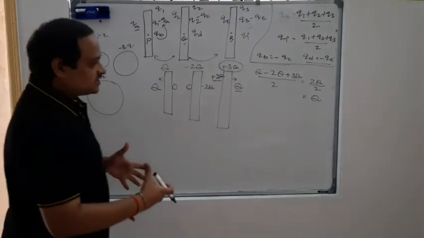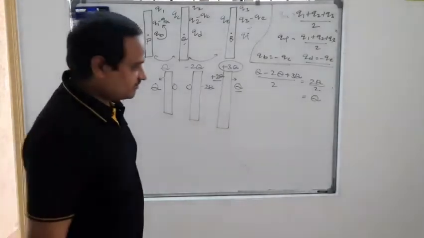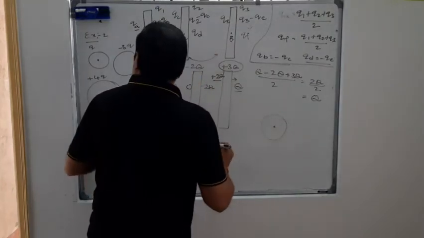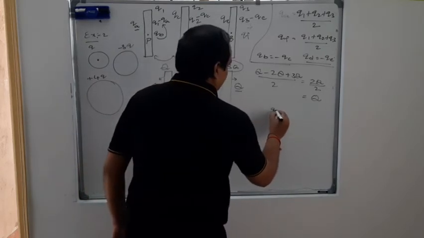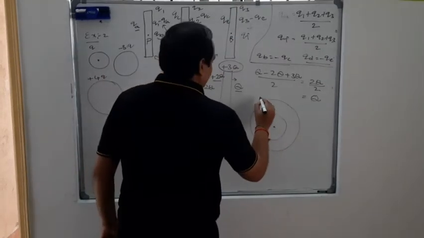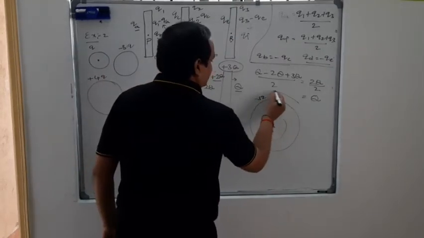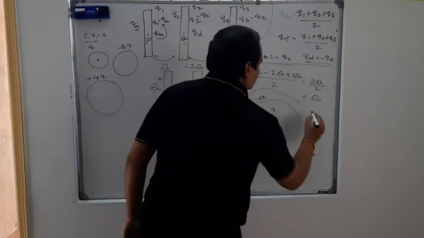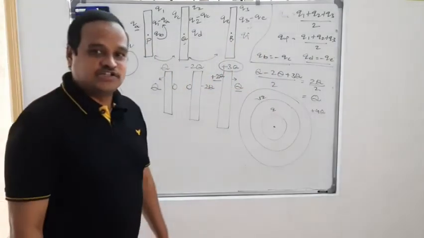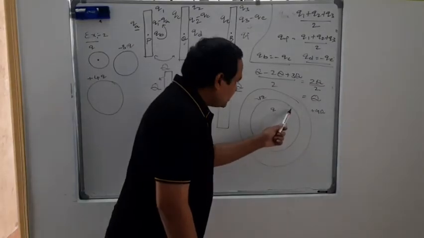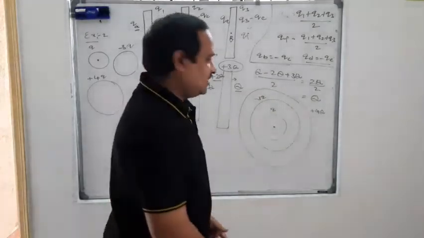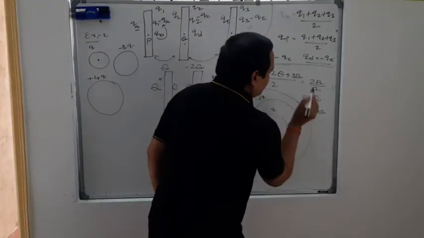Now these 3 shells are arranged concentrically. The first shell has charge q. Another shell surrounds it having charge minus 3q, and another shell surrounds that having charge plus 4q. Now the question is, what is the charge distributed on the inner end of the second shell or the outer end of the third shell? Likewise, if the question is asked, how can we write this?